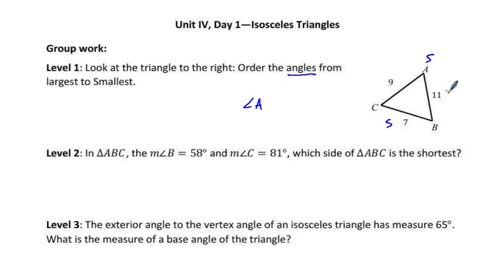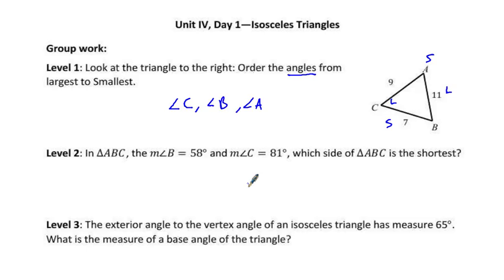So 11 is the largest side, and therefore angle C is the largest angle. And since we're going from largest to smallest, angle C is going to be listed first, angle A last, and then angle B is the medium angle opposite the medium side or middle side.